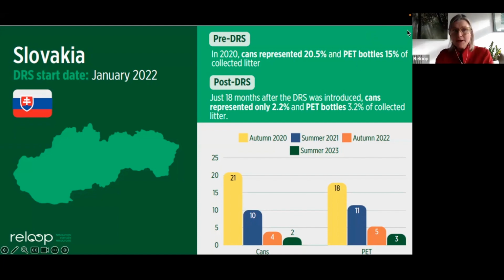In Slovakia, we saw incredible litter reduction for both PET and cans within 2 years of the program starting. Cans represented about 20% of litter and PET about 15%, and 18 months later, they only represented respectively 2 and 3%. So clearly a success in Slovakia.